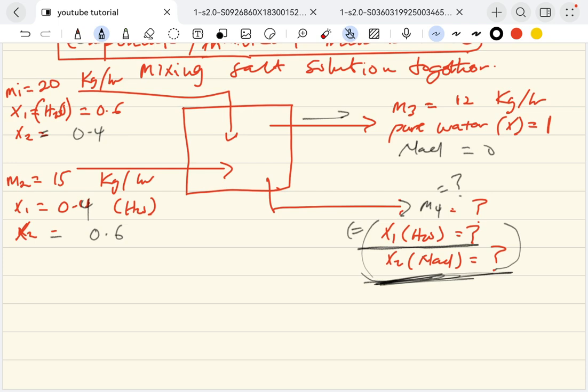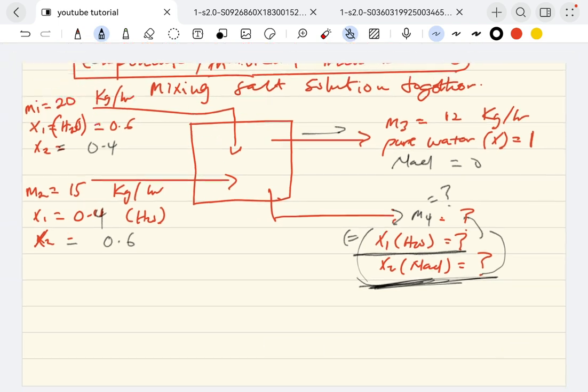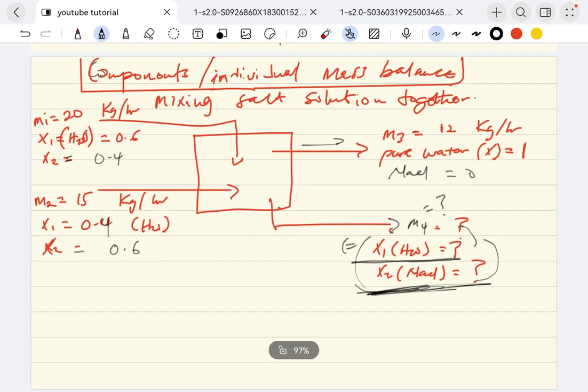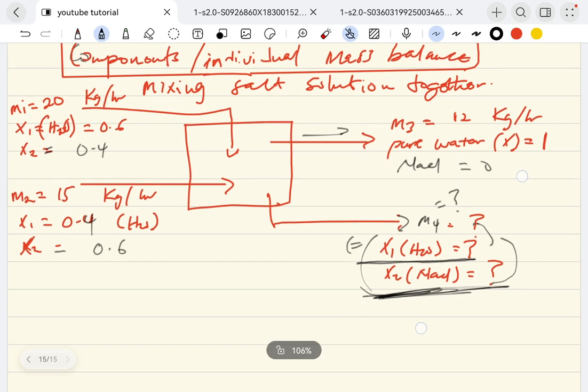And because we don't know the mass flow of this stream, we cannot use the principle of fraction, multiplying this by this to get this. So to be able to calculate the individual components, you have to use the principle of component mass balance. This is where the importance of the component mass balance plays out.